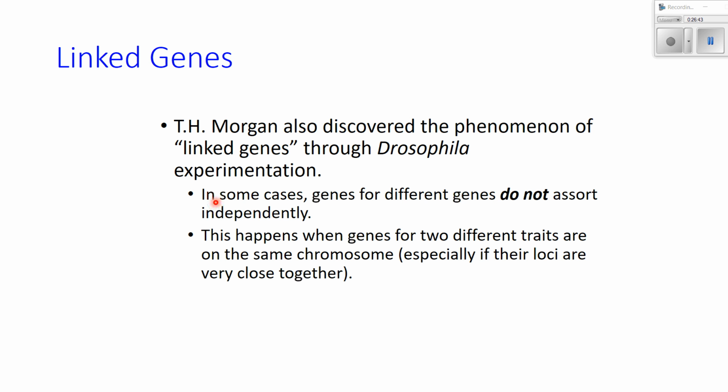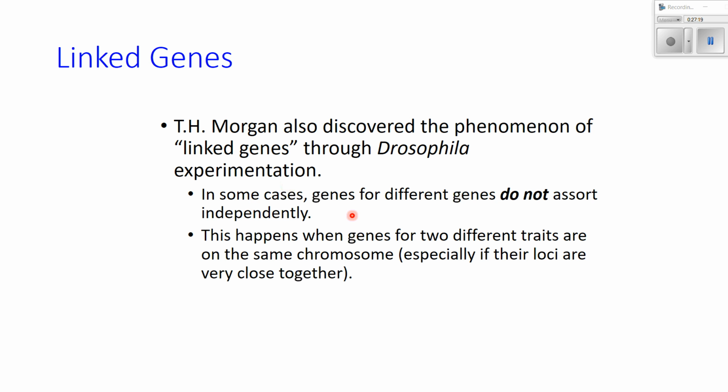When we say genes are linked, it means that genes for different traits are on the same chromosome. For example, you may have a chromosome that has maybe the vestigial wing gene, but somewhere on that same chromosome, maybe there's a gene that affects body color. Or maybe there's a gene that affects the length of the antenna, or something like that.